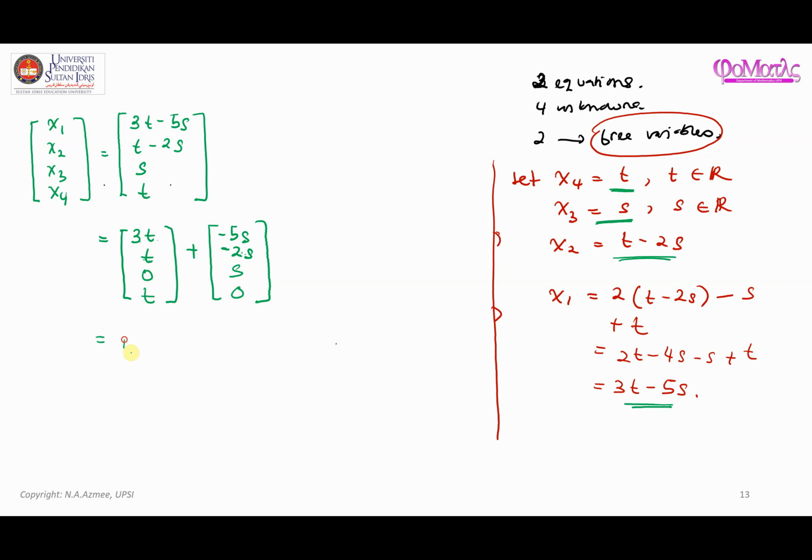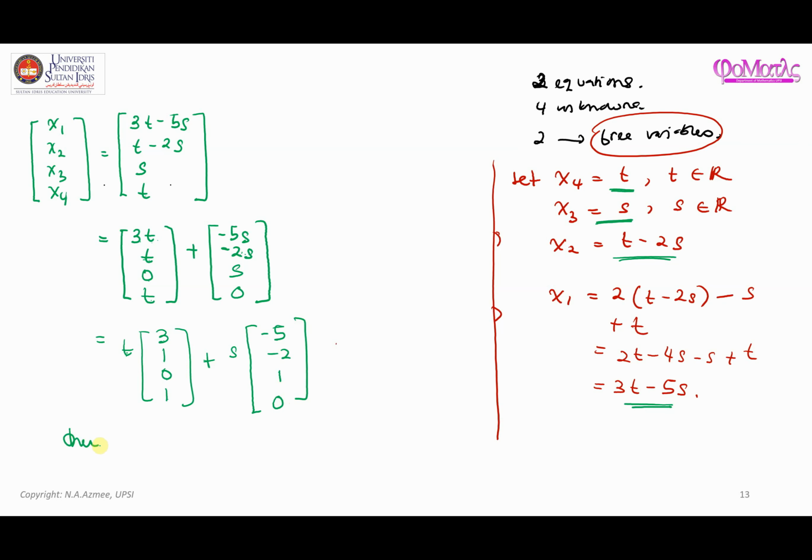If we take t out, you will be having the values 3, 1, 0, 1. And you can see clearly that t times 3, you get 3t. T times 1, you get t. T times 0, you get 0. T times 1, you get t. Similarly, you can do the same for this part here. So we take out s, and here we have negative 5, negative 2, 1, and 0.